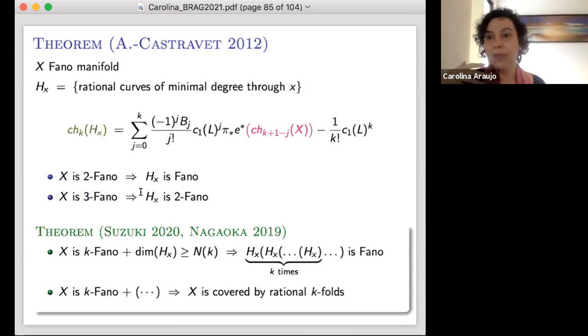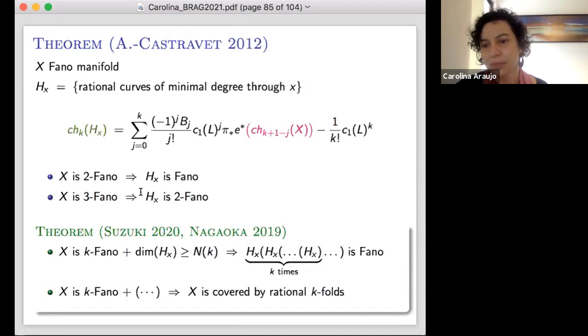For instance, if X is a homogeneous variety, you can look at the spaces of rational curves of minimal degree through X. In most cases, it's a homogeneous variety, but sometimes it's an almost homogeneous variety. It has a group action with a dense orbit. So often slightly weakened versions of the properties of X get carried over to H sub X.